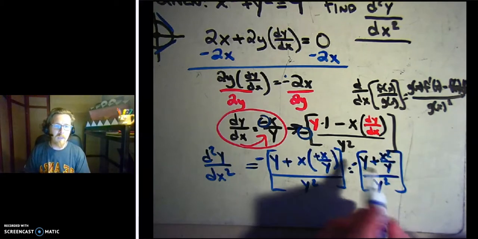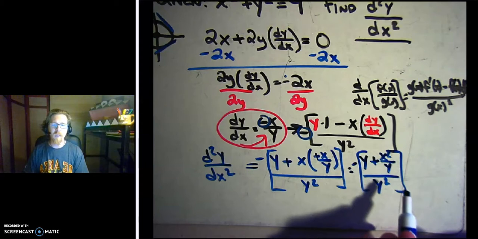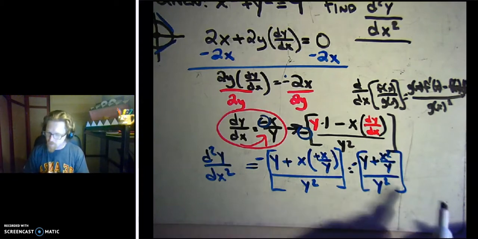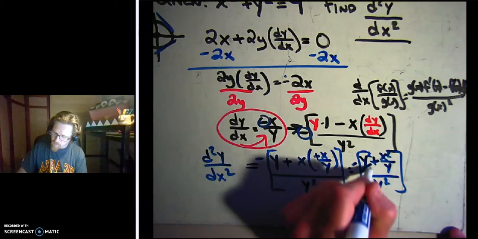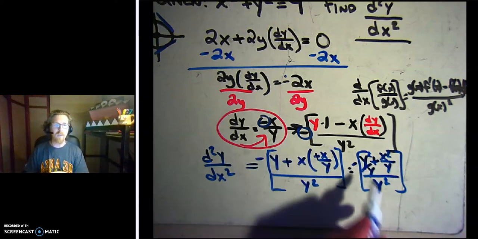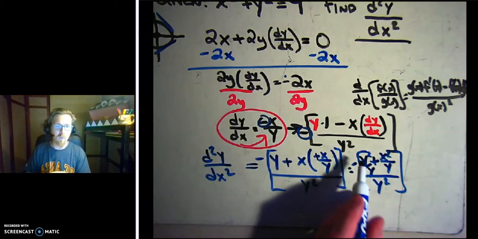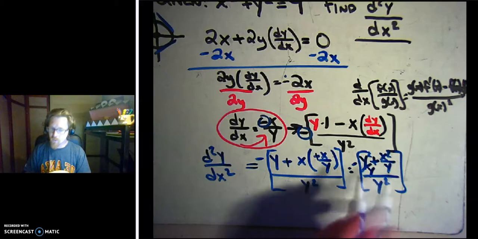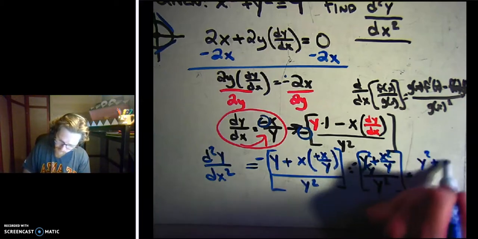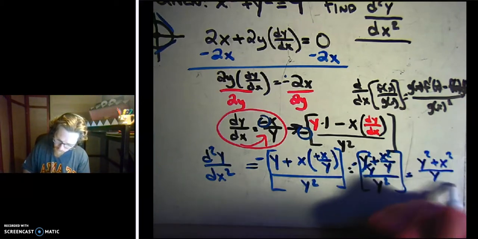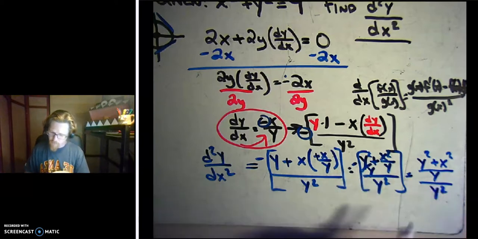Now, I'm going to simplify the numerator by having common denominators. So I have to multiply y over y here, so they both have a y. Instead of y, I'm going to call this y squared over y. So now they have common denominators, so I have this y squared plus x squared over y, over y squared.